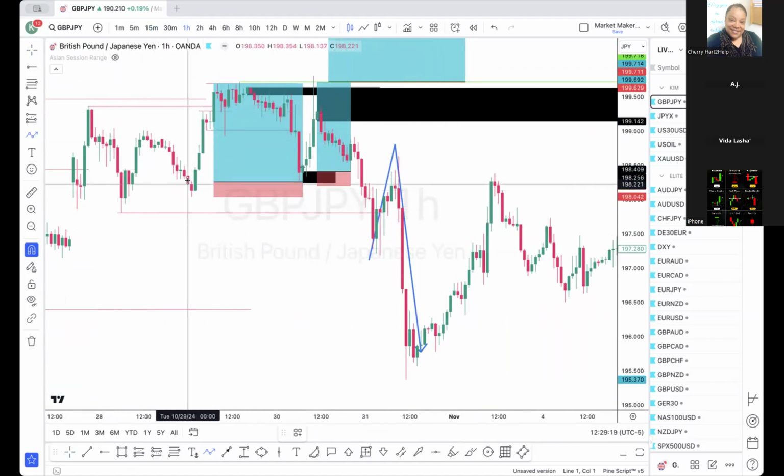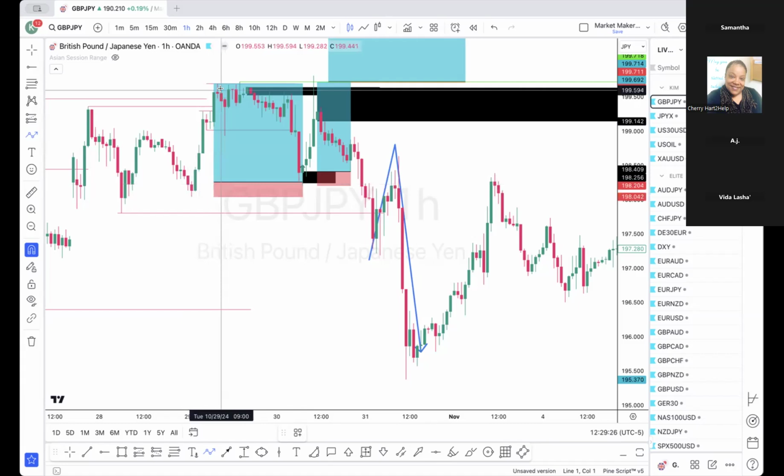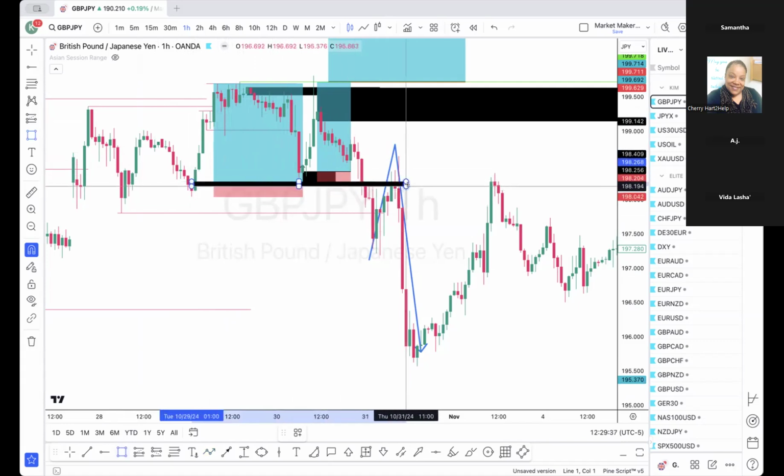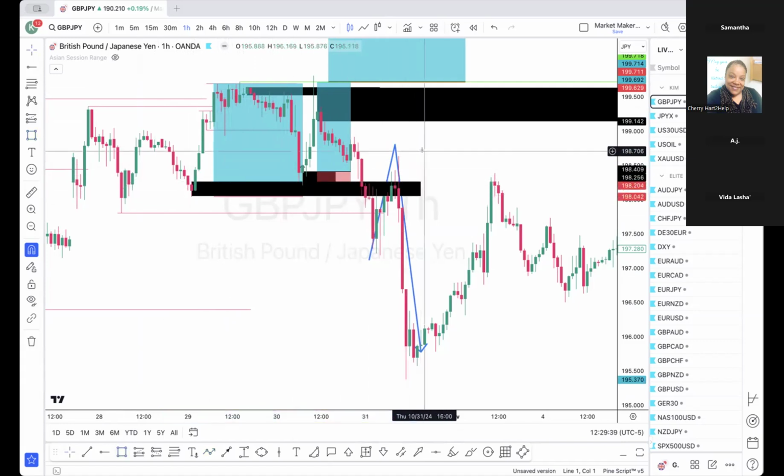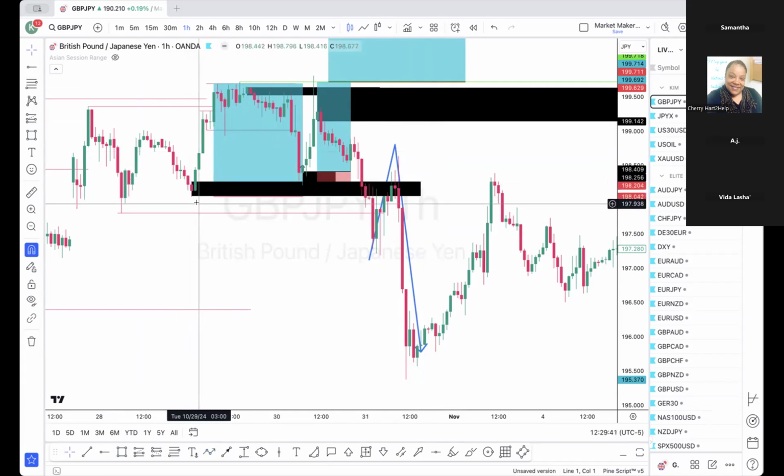The information was right here for me to take the trade. This was the last push up, so I'm expecting price to pull back here. I've set my limit. It's either going to work or it's not. That's all I got for you.